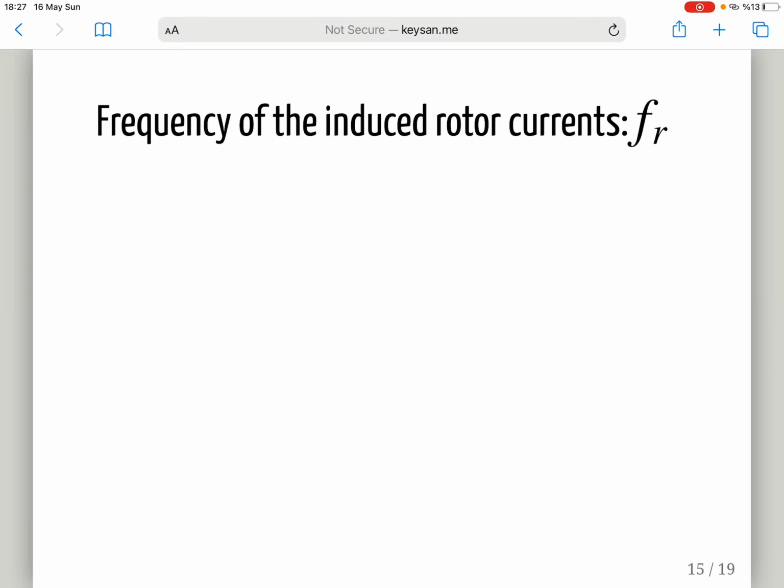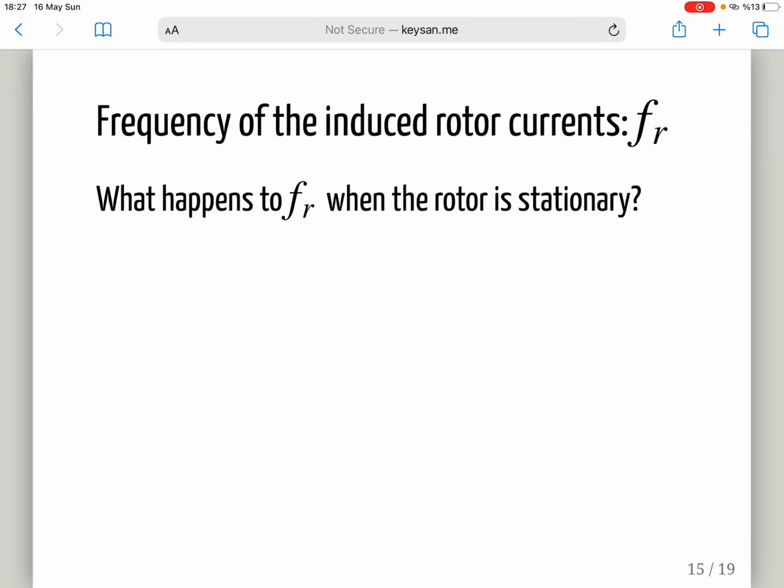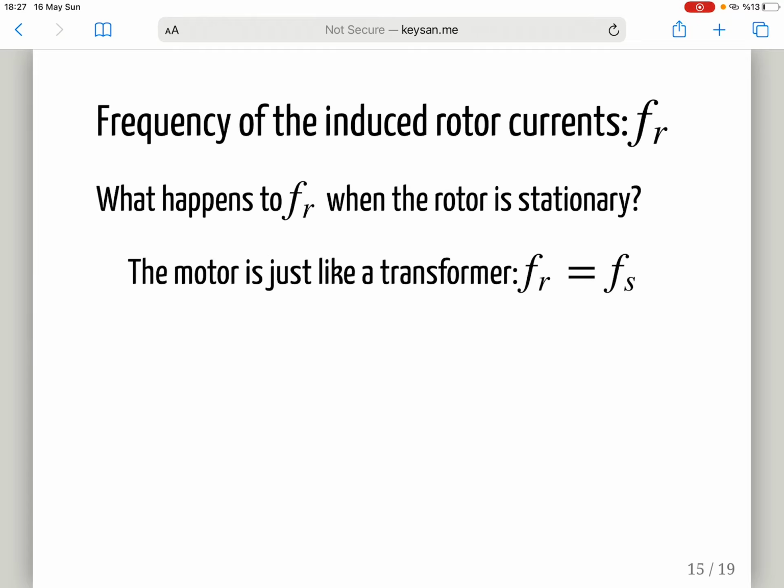Another important definition is the frequency of the induced rotor currents, usually shown by Fr. What happens to Fr when the rotor is stationary? If the rotor is stationary, you are rotating those magnets. So our system is basically like a transformer excited by some AC system.